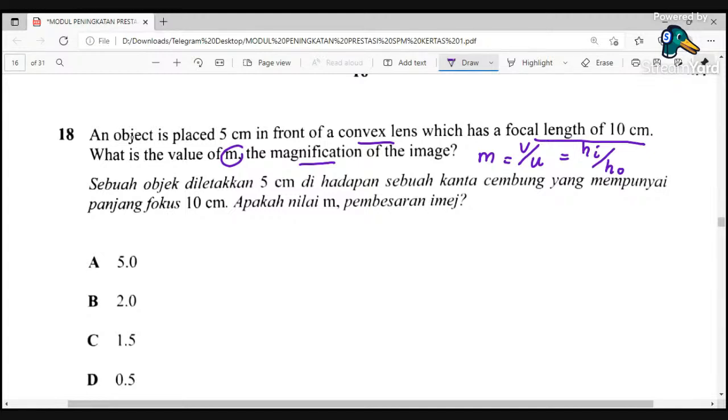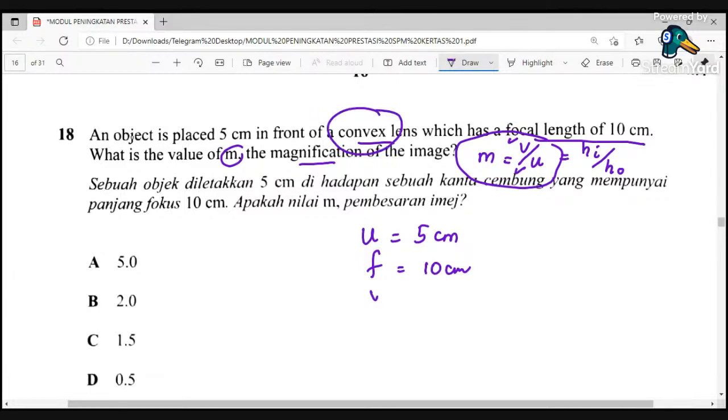Okay, so sekarang kita nak calculate, nampaknya tak ada height dan sebagainya, kita akan guna ini. So to calculate magnification you kena ada V, kena ada U. Tengok soalan, object placed 5 cm in front of convex lens. Itu ialah object distance 5 cm. Focal length F 10 cm. Check apa lens dia guna, ini convex so F dia positive.